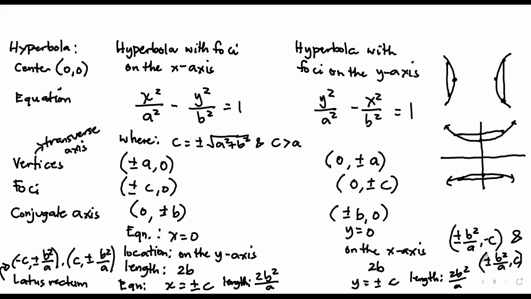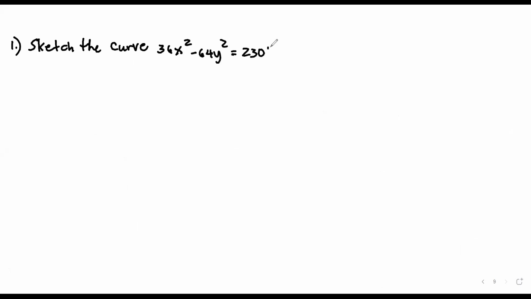Sketch the curve for number 1. Sketch the curve 36x squared minus 64y squared equals 2,304.